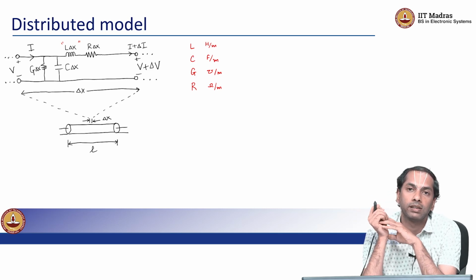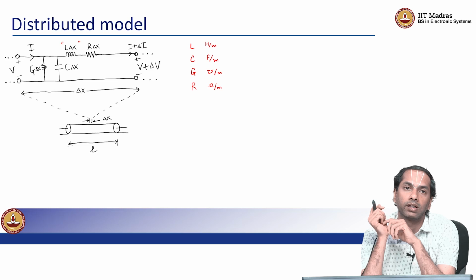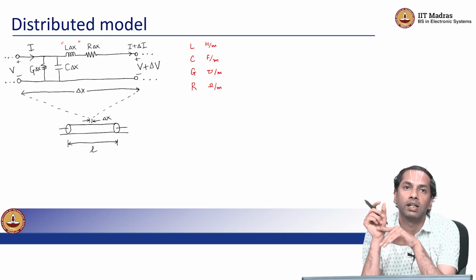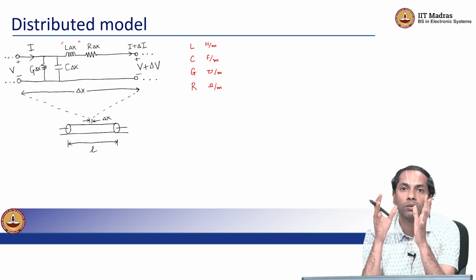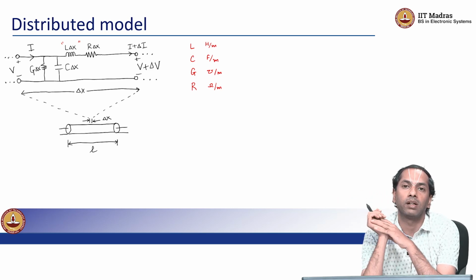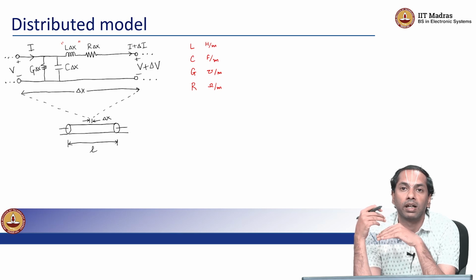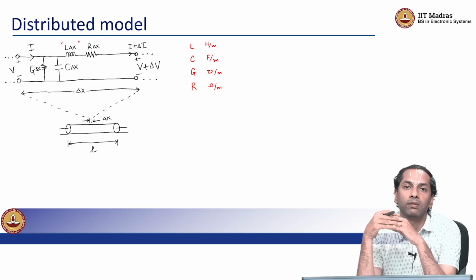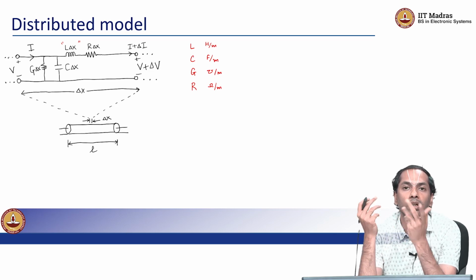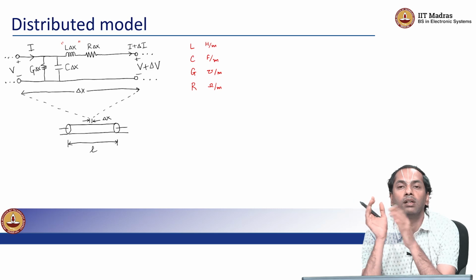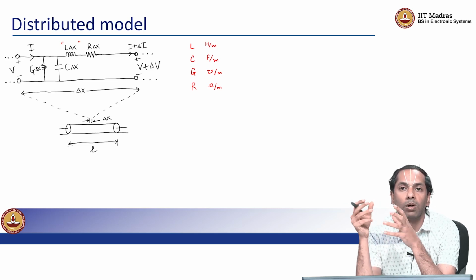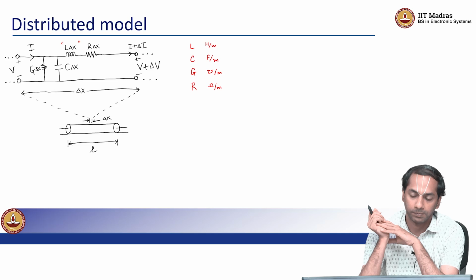But instead we can go a little bit further, because the delta x's are the same, and so L delta x and R delta x, these values of inductors and resistors, these individual blocks are identical. So we will try to see if we can go the analytical route and get a closed form solution for currents and voltages, so you may not need to break this apart into subsections and painfully model them in circuit simulators.